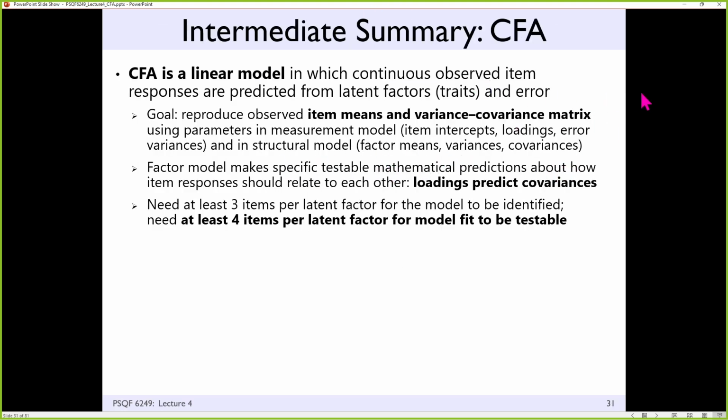So, a summary of what we've seen so far. Big picture stuff. CFA, confirmatory factor analysis, that's what we're doing. It is a linear model. It specifies that a latent factor, a continuous, unobserved thing, predicts item responses that are supposed to be normally distributed continuous variables.